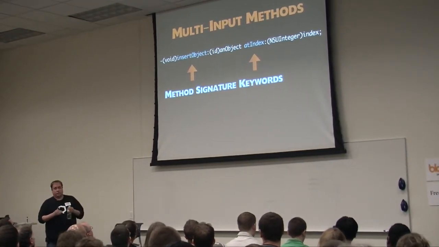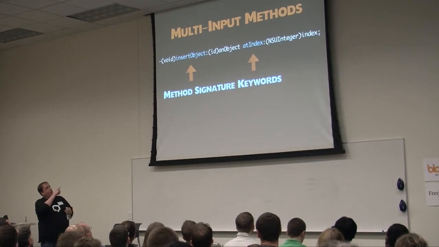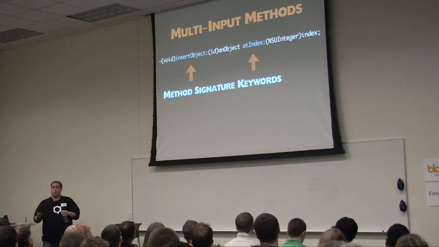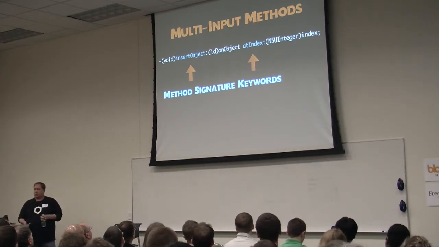Here, the method signature is split into keywords, and each keyword precedes the input parameter and is separated by a colon. So insert object is taking an object. You see the colon between them. And then the second half of that method, at index, is taking index. And when you refer to this method, you call it insert object at index. Questions about that?